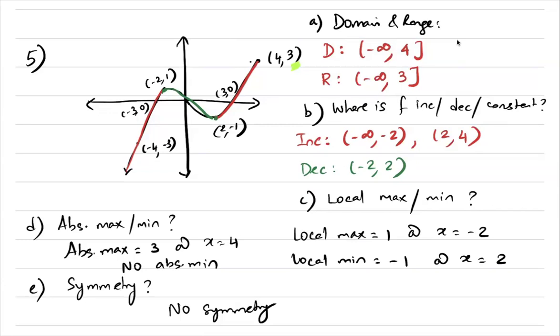Whereas now it did, therefore it doesn't have any symmetry, therefore it is neither even nor odd. So in order for a function to be even, it has to have y-axis symmetry. In order for it to be odd, it has to have origin symmetry. This function would have been declared odd and would have had origin symmetry had you not had this portion going down like that.